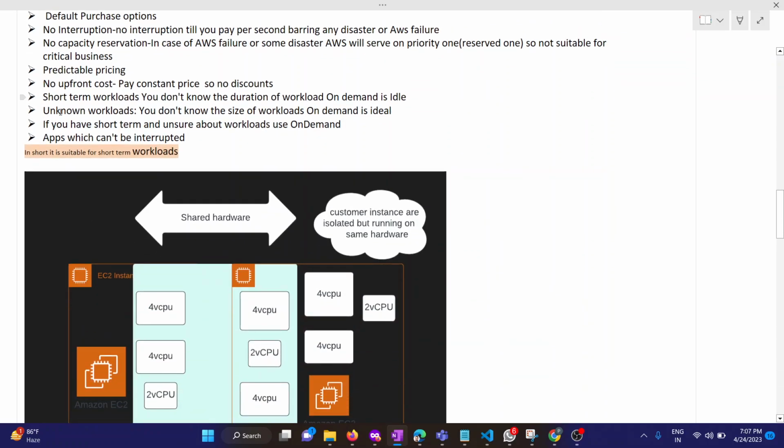Predictable pricing. The main purpose is, if you don't know the workload, you don't know the size of the workload, you don't know the time of the workload, then it is suitable for short-term workloads. That was all about on demand.